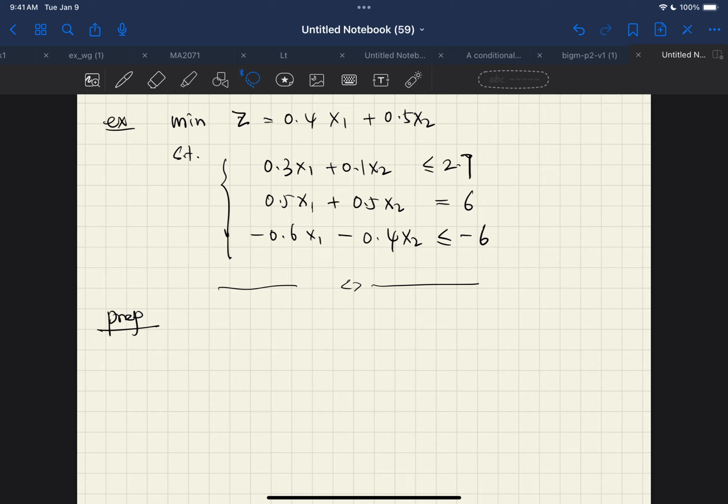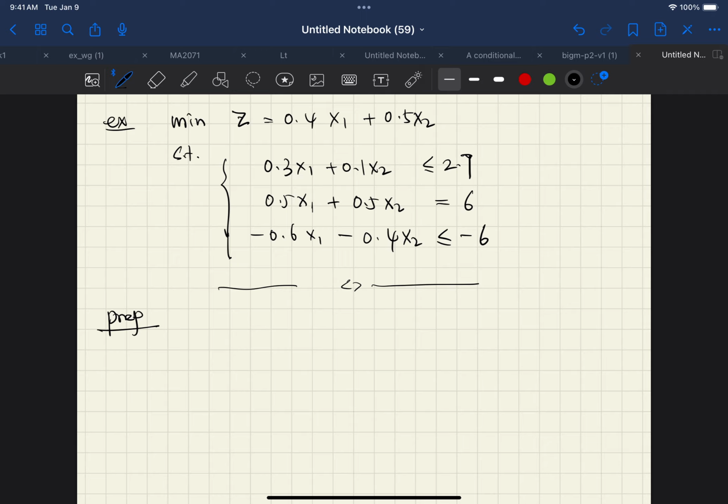And two, if we look at this right-hand side, positive, positive, negative. So this guy is negative, then you want to change the negative number to a positive number by multiplying both sides of this inequality by -1, which flips the sign, but at the same time, -6 becomes +6.